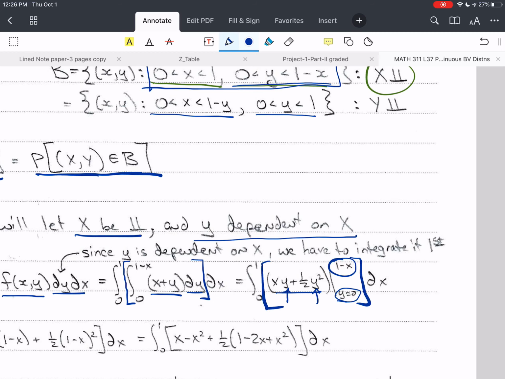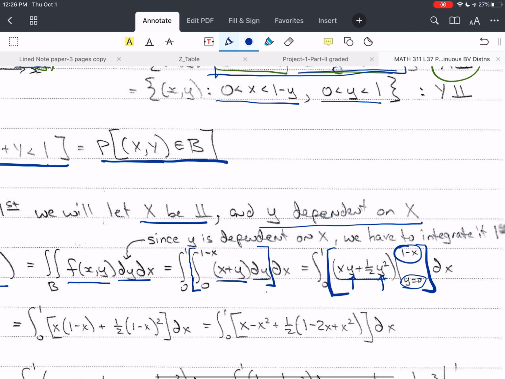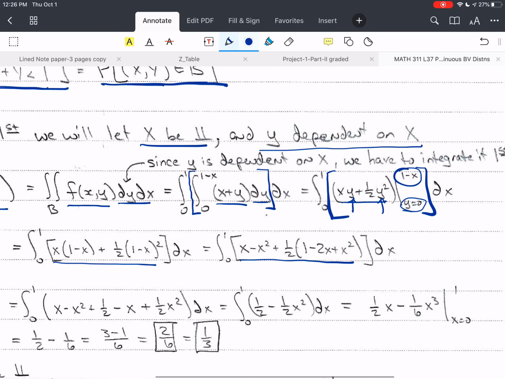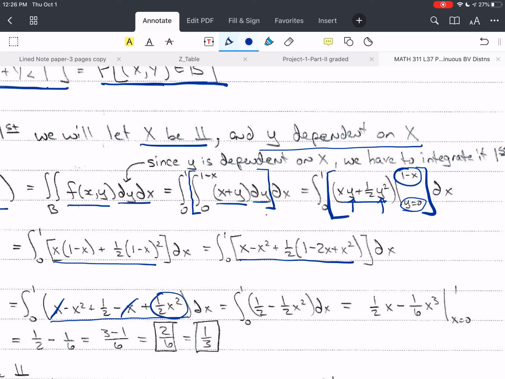So I have x times 1 minus x plus 1/2 1 minus x squared, and that's here, and then still dx. I simplify this, expand it out, and then cancel the terms, so I end up with x minus x, and I end up with 1/2 x squared and negative x squared, and then just the 1/2 by itself. So I have 1/2 minus 1/2 x squared dx.